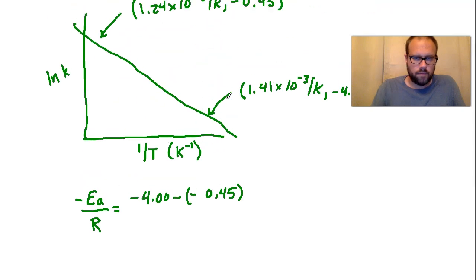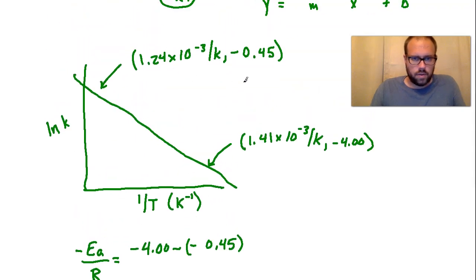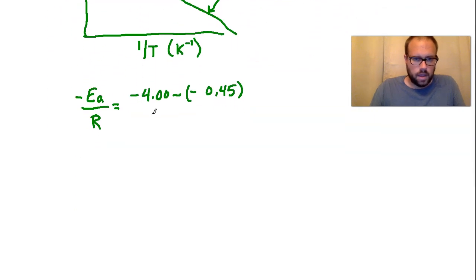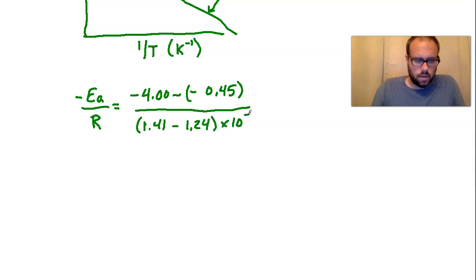That came from the values right here. Those are my y values, the ln of k. And then I'm going to put that over the inverse temperature values. So this would be 1.41 minus 1.24 times 10 to the negative third inverse Kelvin.